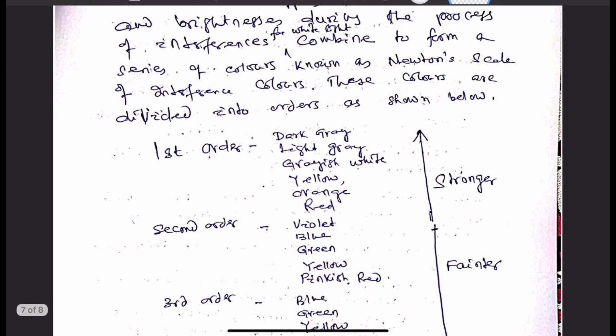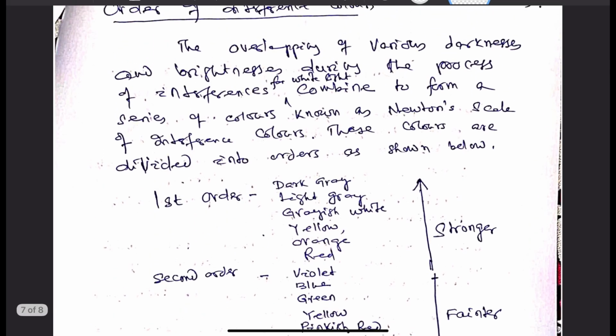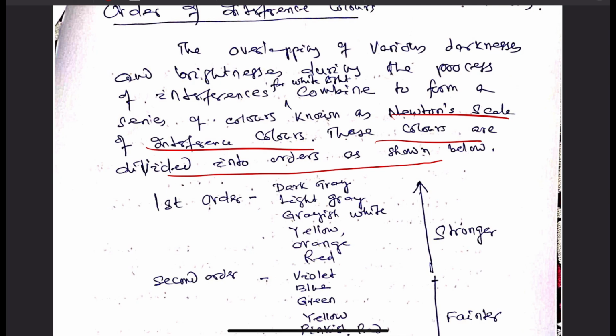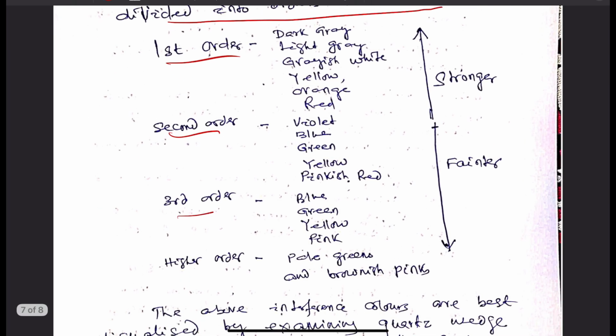And it has been seen that this interference color that is produced by white light is otherwise called the Newton's scale of interference colors, and these colors are divided into orders as they have been described here.